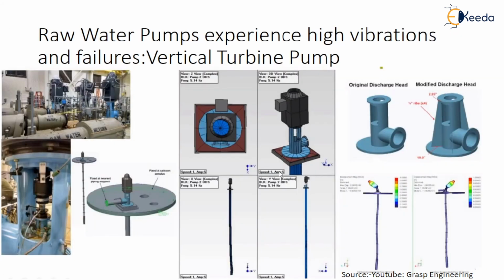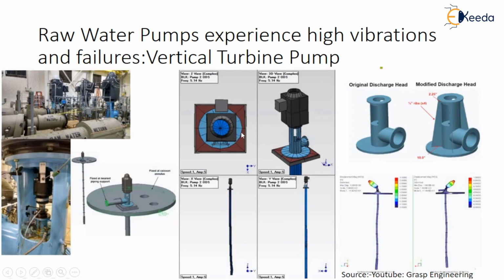Then raw water pumps, which experience high vibration and failures in a vertical turbine pump. If you observe, the vertical turbine pumps are shown here, and this is one of the cross sections, and the fixed piping support is given here, and this is a fixed case.